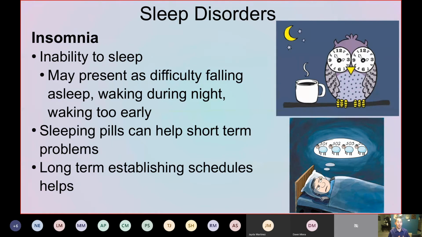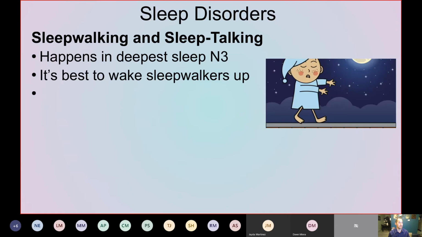It can be waking a lot of times during the night, waking up too early by yourself, not because your 3-year-old is jumping on the room above you, but he might have insomnia. Sleeping pills can help short term, but long term, the thing that helps most for insomnia is establishing consistent sleep schedules, sometimes making more consistent diet, those kinds of things.